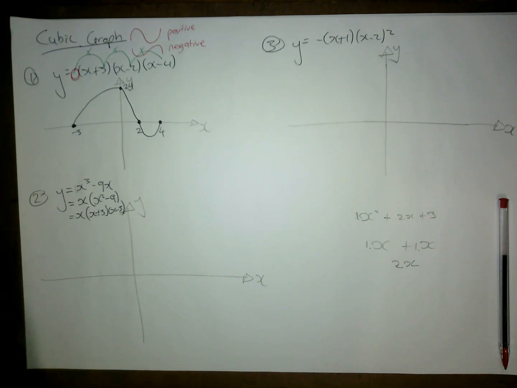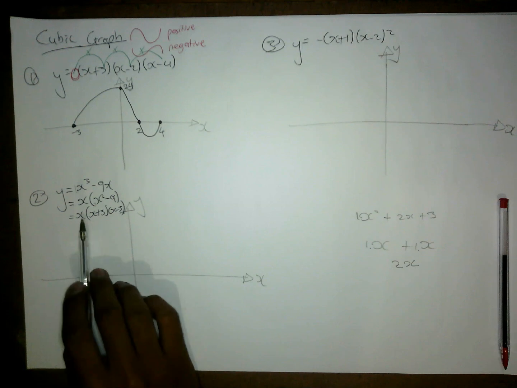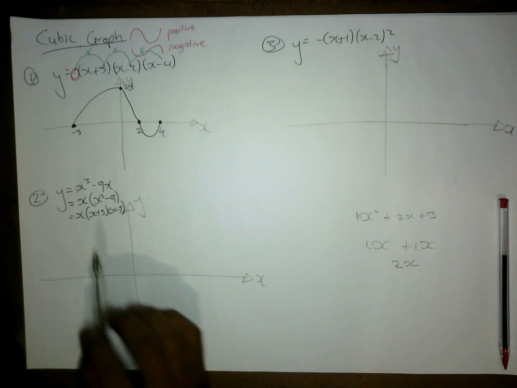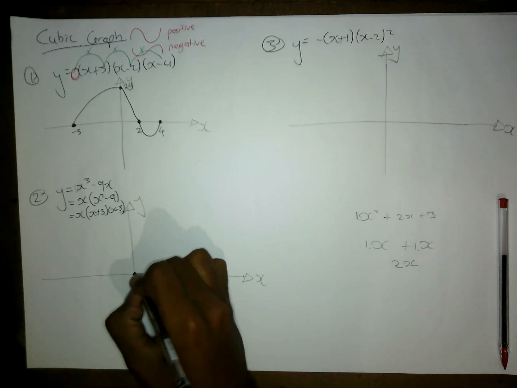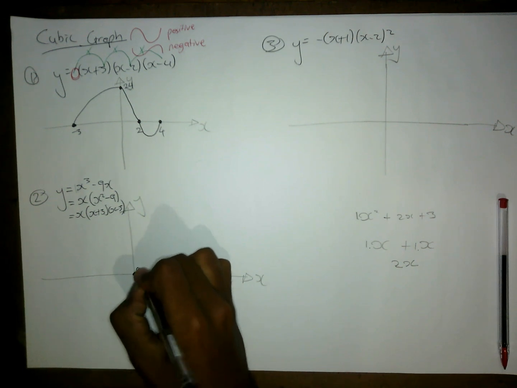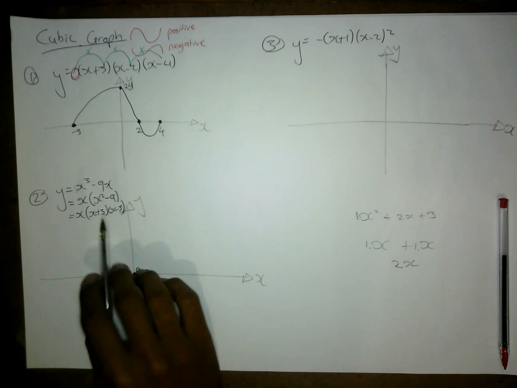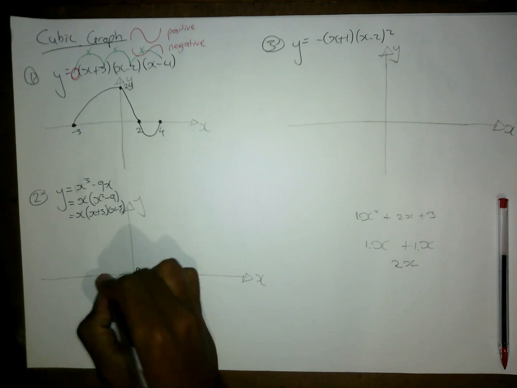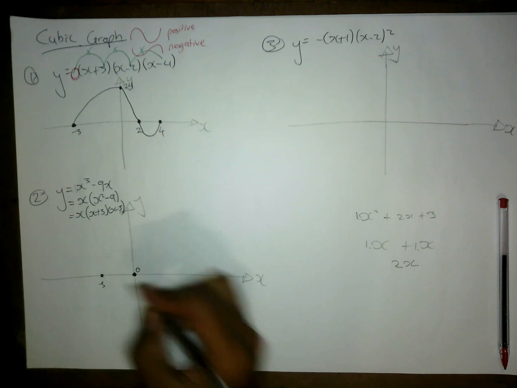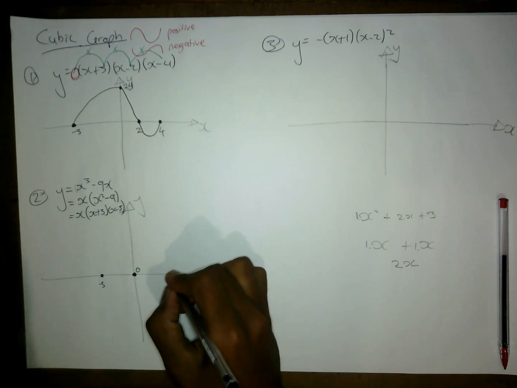Again, we put x equal to 0, that's the origin. x plus 3 equals 0 gives minus 3. x minus 3 equals 0 gives a positive 3.